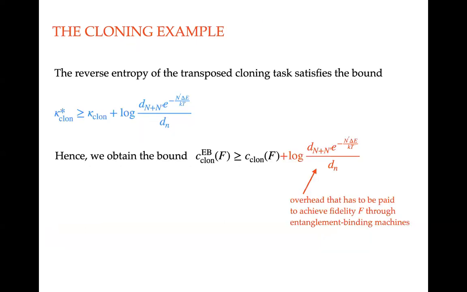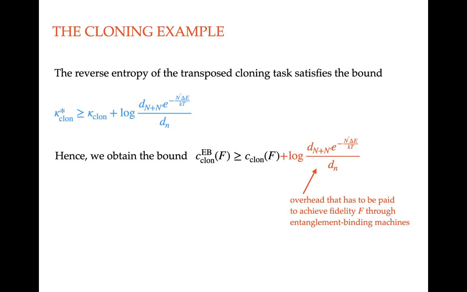Now, if you do this in the case of cloning, you find that the transpose task of cloning is just the cloning and then transposing the output. And for this one, there is a strictly larger cost when the system has a non-trivial energy spectrum. So if your system is not fully degenerate, there will be an extra contribution in the reverse entropy, and therefore in the cost, that comes exactly from this entanglement binding requirement.